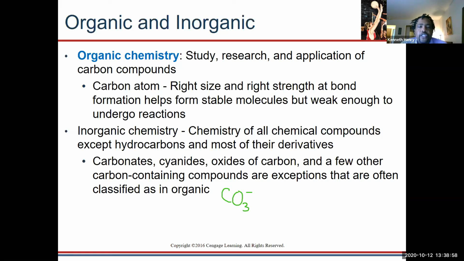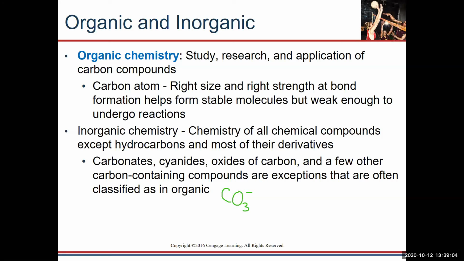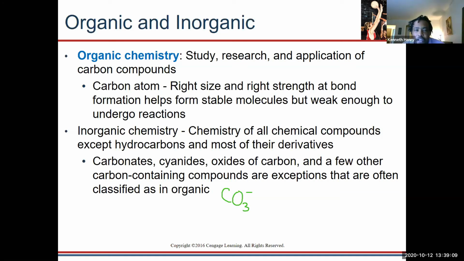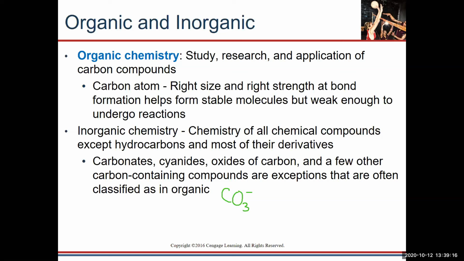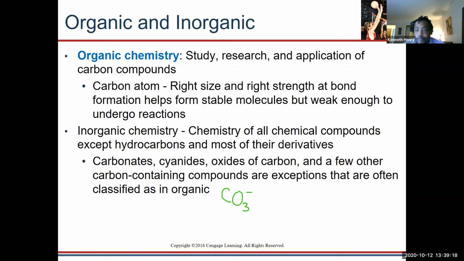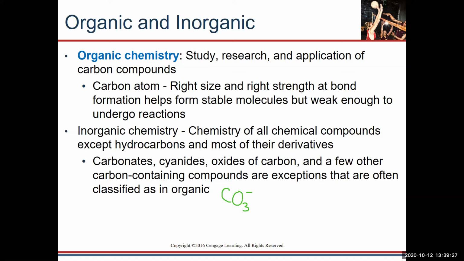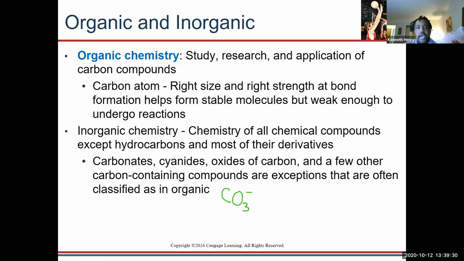If something is said to be a hydrocarbon, what two elements do you think it has in it? Hydrogen and carbon. Good job. See, I knew he was going to give me the answer. So a hydrocarbon is something that only has hydrogen and carbon in it, like my plastic bag, right?